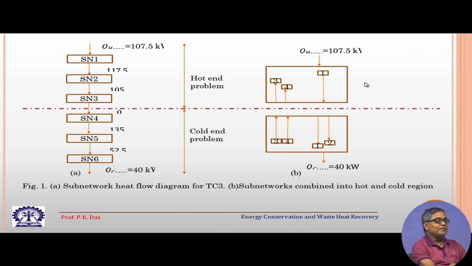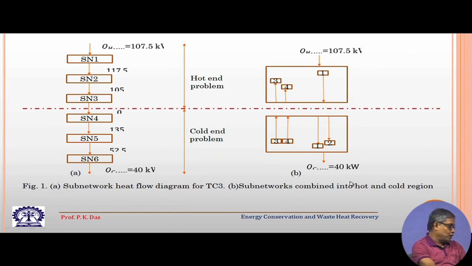So, the problem has been divided into two parts. The first part is your hot end problem, the top one, and the second part is your cold end problem, and in between there is the pinch temperature. So, we can see the subnetwork flow diagram, and then the subnetworks combined into hot and cold regions.